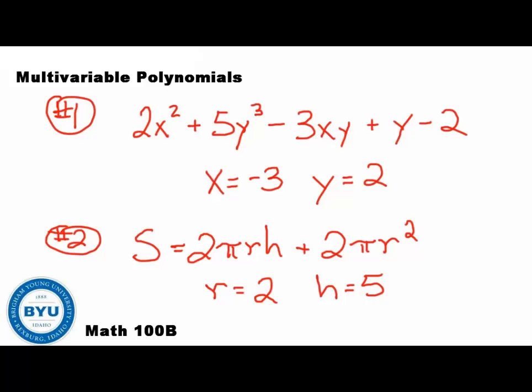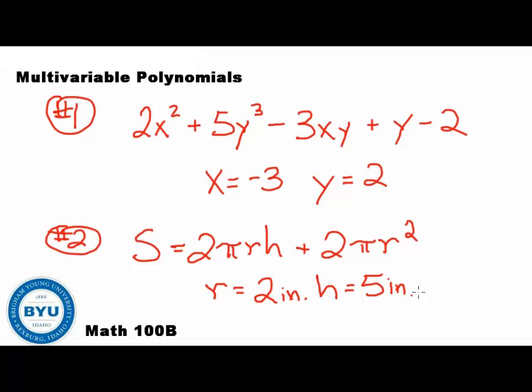So I've gone ahead and given you the radius of 2 inches and the height of 5 inches. That's a pop can. And so we'll see what you guys come out with for the surface area, how much aluminum has to be made for an aluminum pop can. Go ahead and pause the video and plug those values in. Let's make sure you get the same answer, and go ahead and push play when you're ready to check.